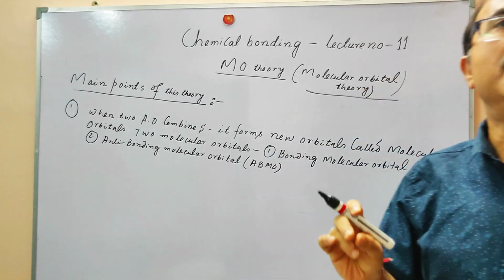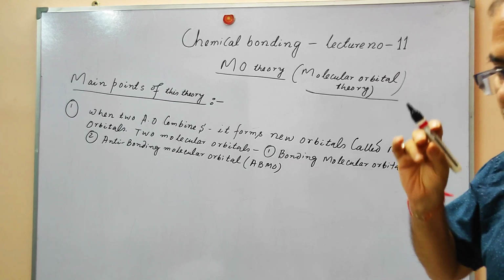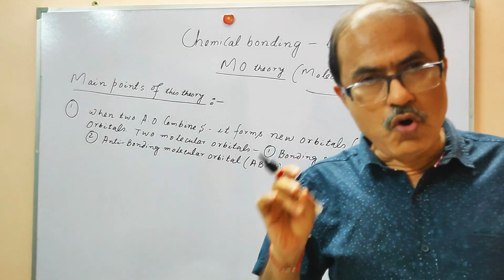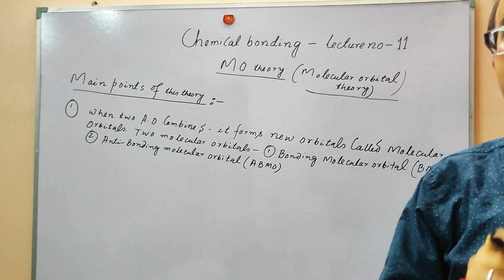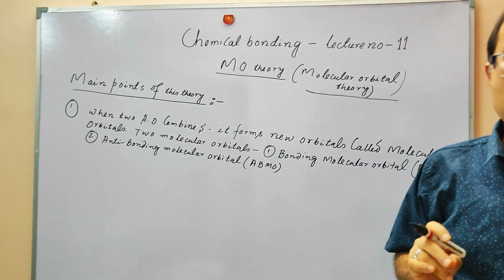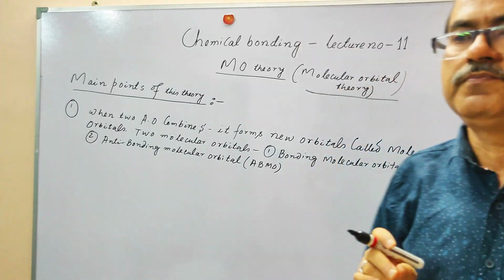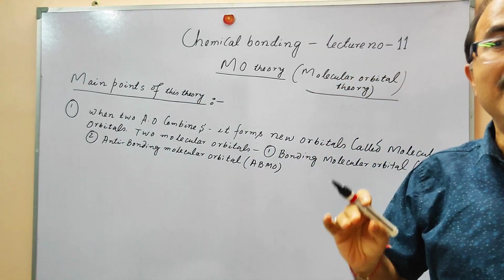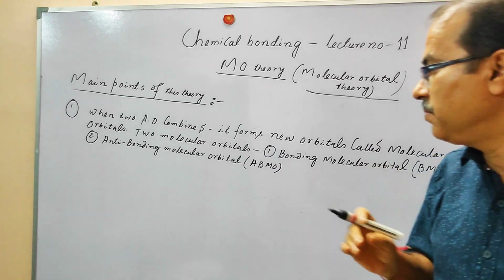The atomic orbitals lose their identity, and these new orbitals are called molecular orbitals. There are two types of molecular orbitals produced from the combination of the AOs, that is the bonding molecular orbital, and another is the anti-bonding molecular orbital.